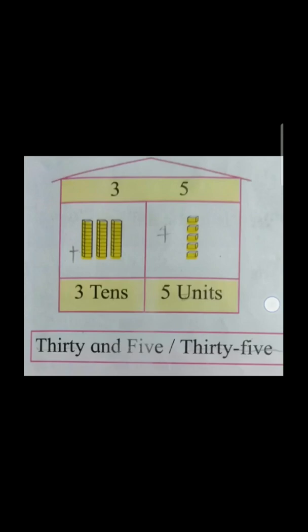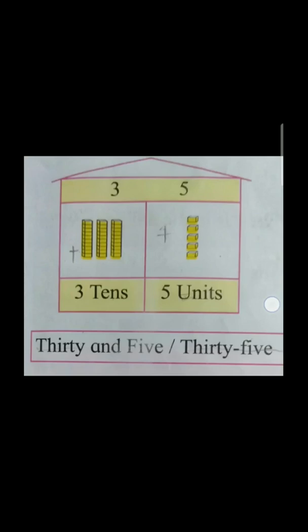When 20 units come together, there are 2 tens. When 30 units come together, there are 3 tens. When 40 units come together, there are 4 tens. Okay? Now see, if we open 3 tens bundle, are you looking there? 3 bundles of tens? Yes.